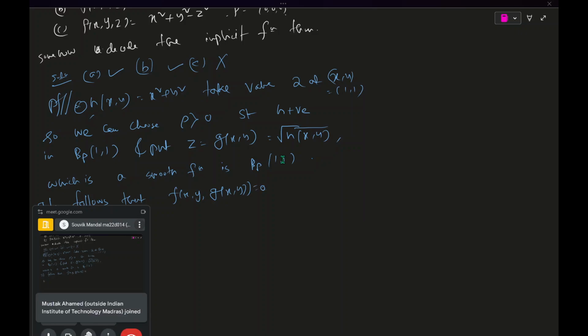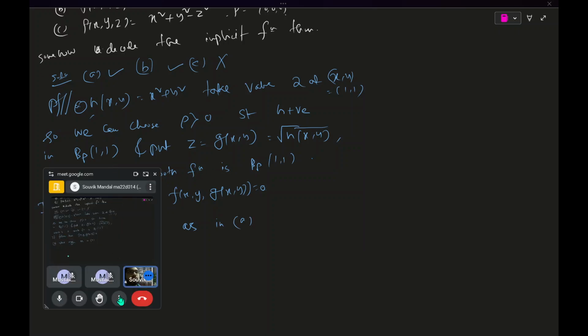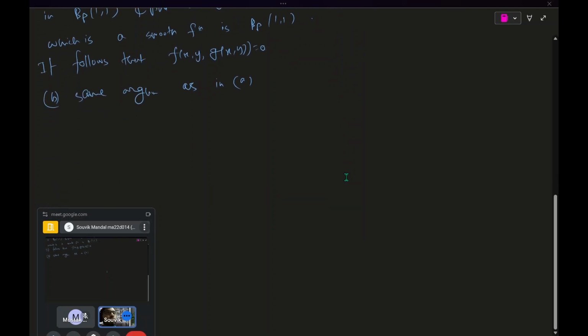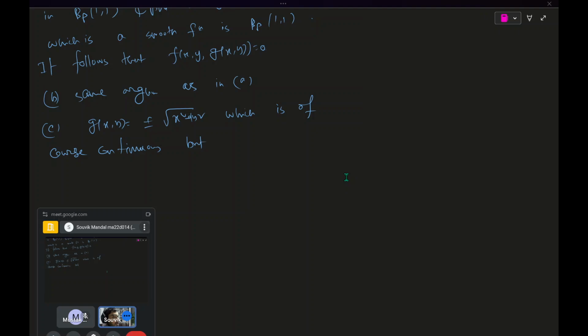And option B is the same argument as in A. And option C: if we take g of x, y equals plus or minus the square root of x squared plus y squared, which is of course continuous, but not C1 in any neighborhood of (0, 0). So that's the whole argument.